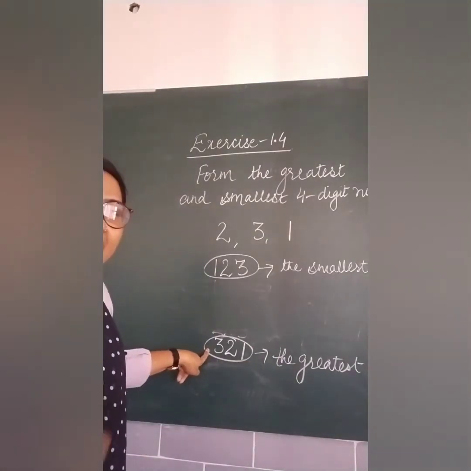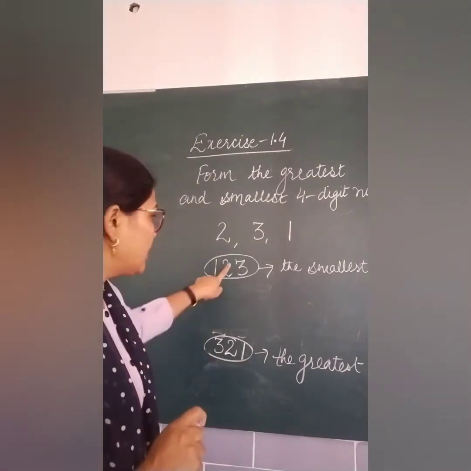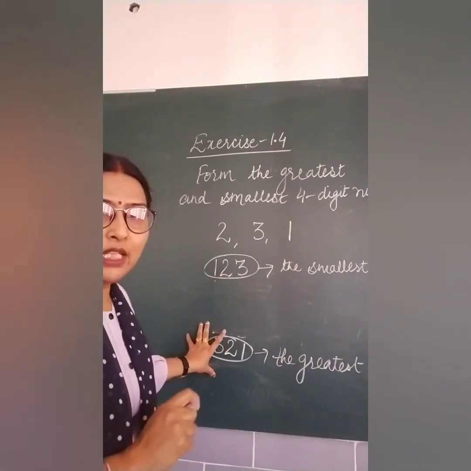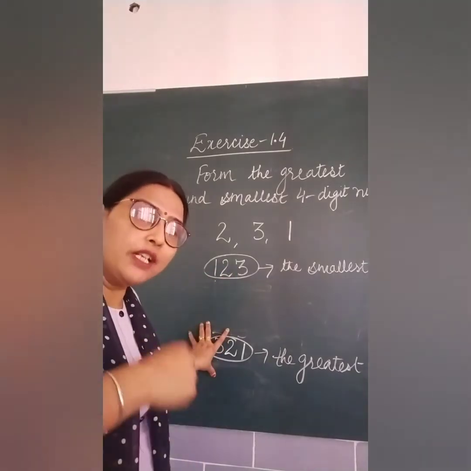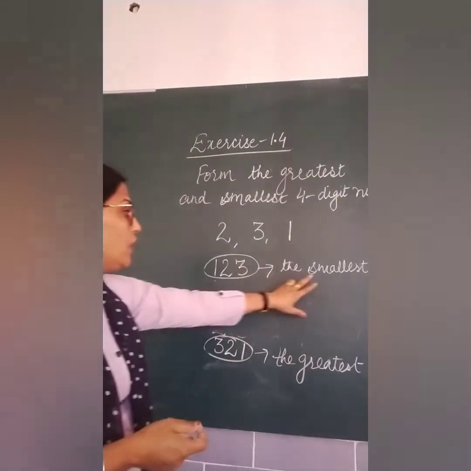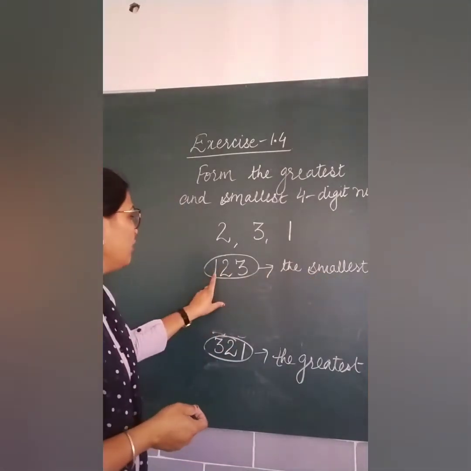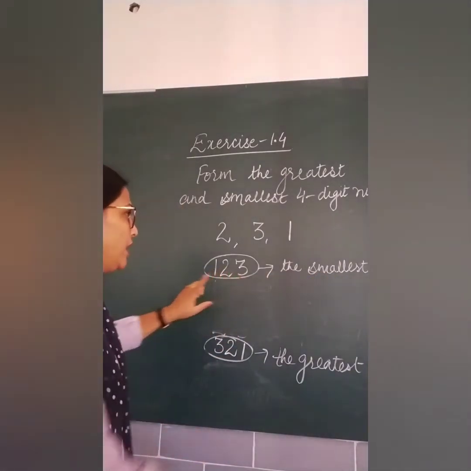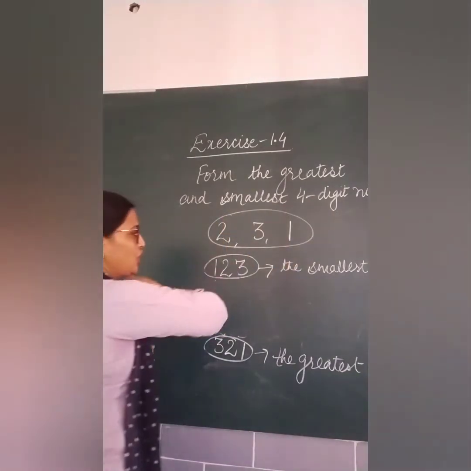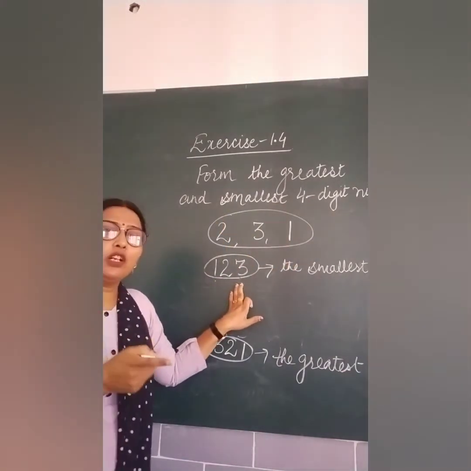Now see the digits in these smallest and greatest numbers. Now we will see how the digits are arranged. Here you can see in the smallest number 1, 2, 3, which means these digits are arranged in increasing order.